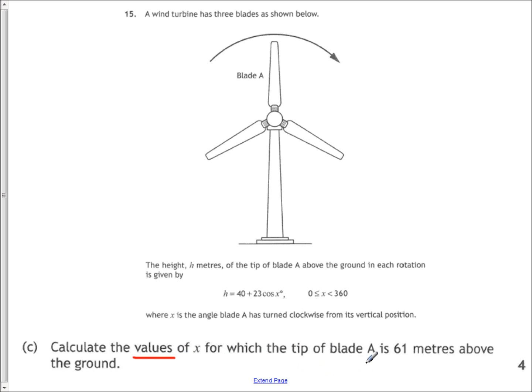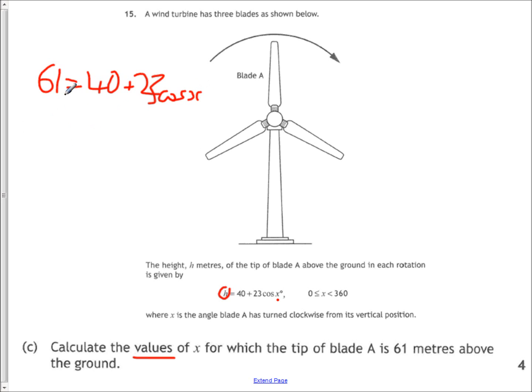And finally, the values of x, notice that they're wanting 2 answers at least. The values for x for which the tip of the blade is 61 meters above the ground, well, this time you're told the height, and you have to work out x. So you just start off by saying, well, 61 is equal to 40 plus 23 cos x.